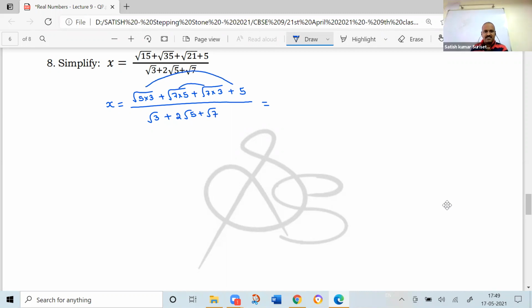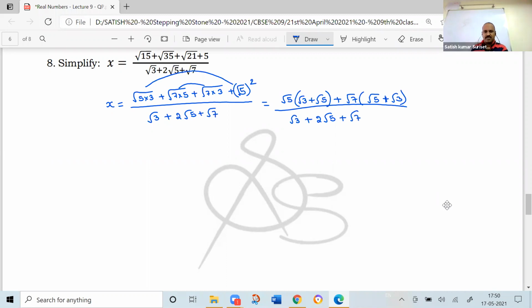The first and last, root 5 I can take common because this I can write as root 5 whole square. Then it will be root 3 plus root 5, plus. In these two, root 7 is common. Again, root 5 plus root 3, upon root 3 plus 2 root 5 plus root 7.